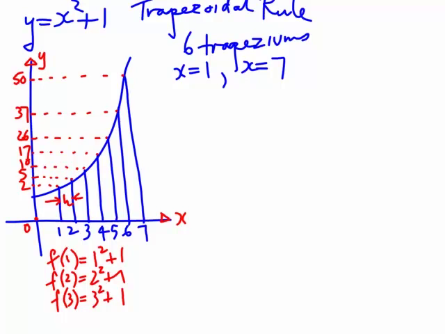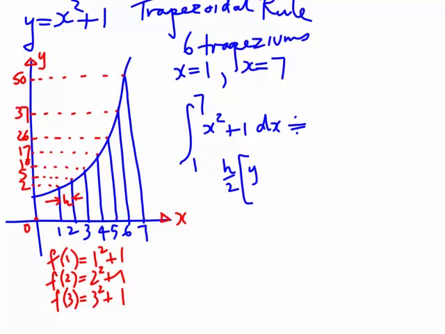Okay, so let's just apply the trapezoidal rule. The integral from 1 to 7 of x squared plus 1 dx is approximately equal to h on 2, which we know is 1, times y0 plus y6.